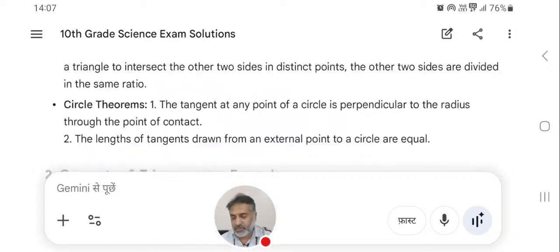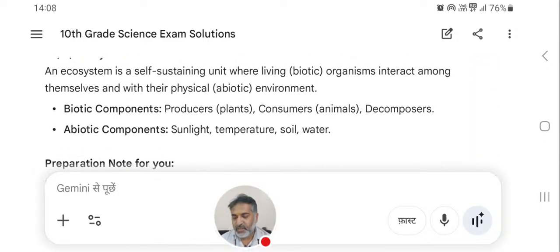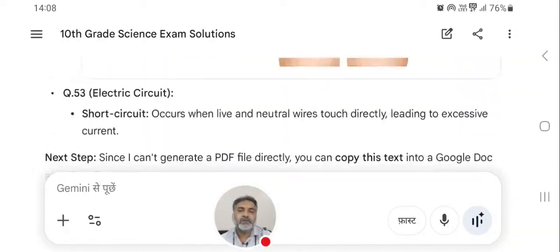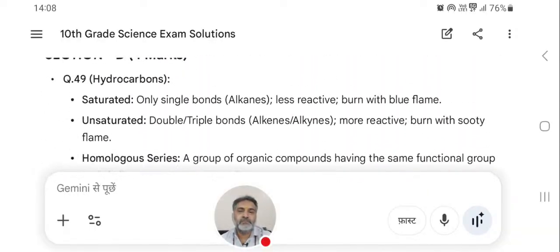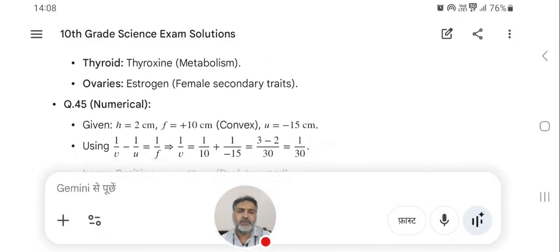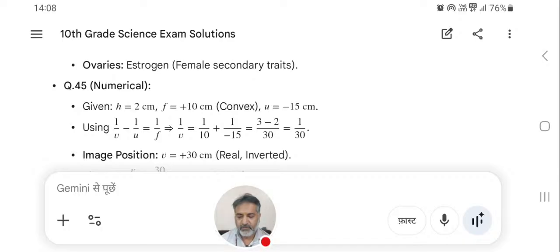Next is question 43. Write the advantages of vegetative propagation in plants. Janki: Plants can bear fast. Advantages of vegetative propagation in plants, and what are unisexual flowers?